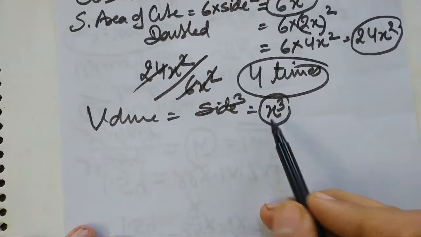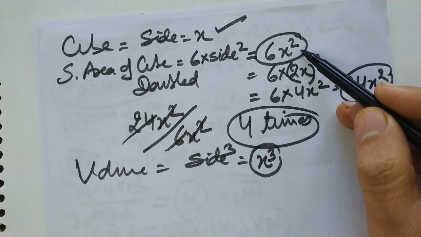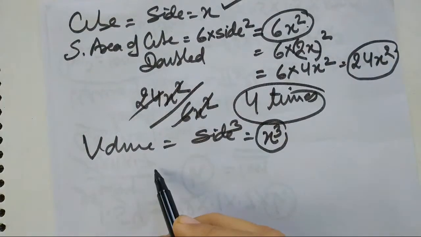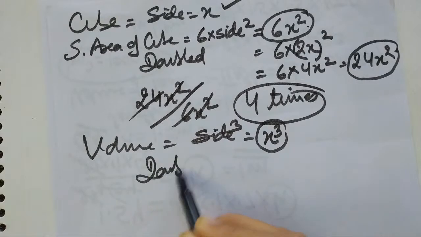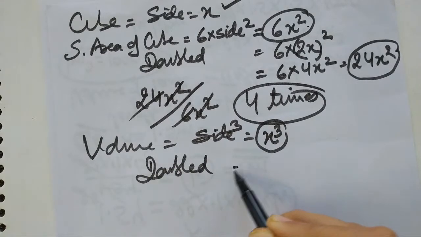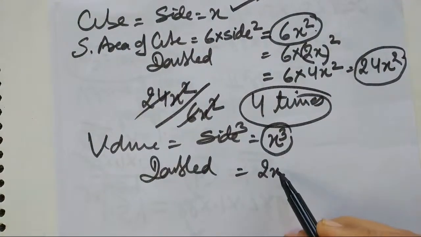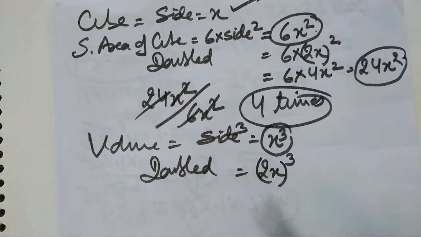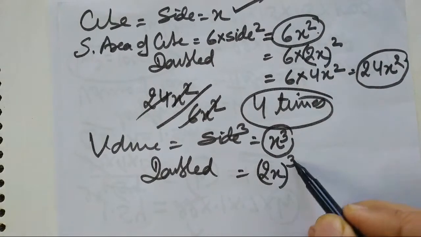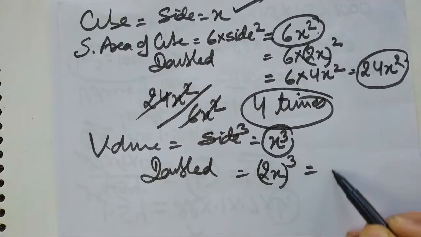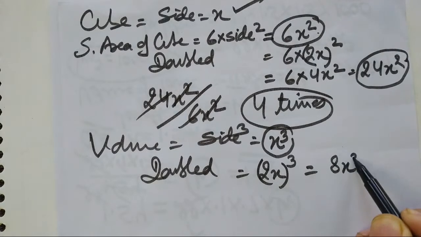Now if I double the side, it will become 2x. Just like it became 2x squared, here the side will become 2x and cubed. So earlier the answer was x cubed, now the answer will be 8x cubed.